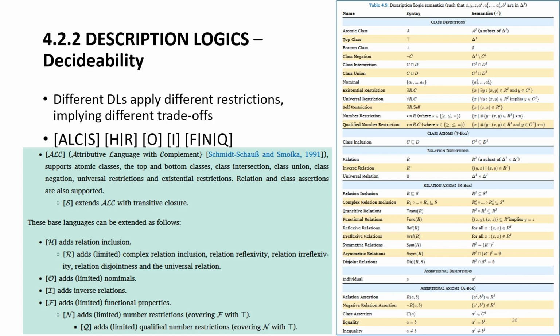So we have to use either ALC or S. We can also have either H or R. We can have the O, the I, and either F, N, or Q. So we can make a combination of those, but as we add more, it will add complexity and also computation power. So there are different trade-offs for each combination of restrictions that you use.